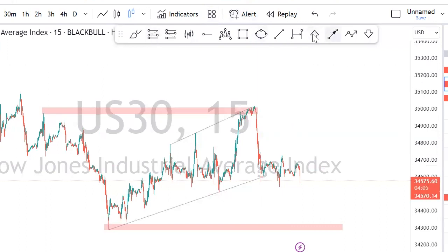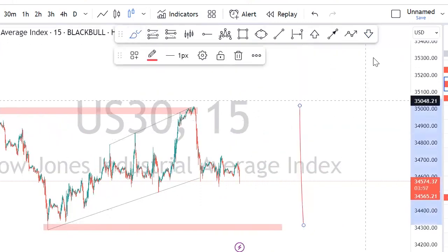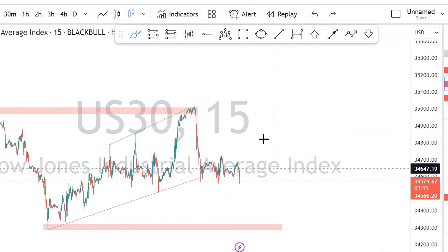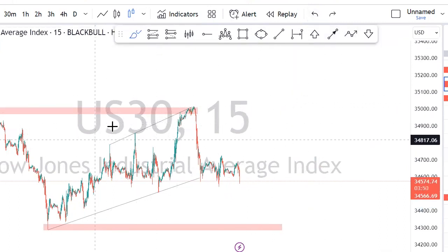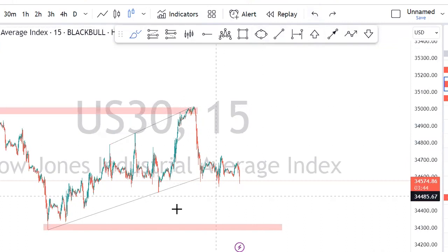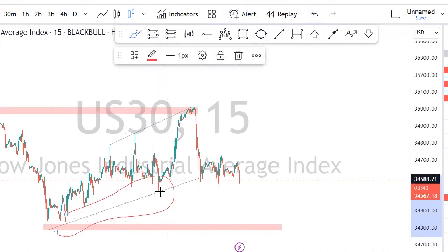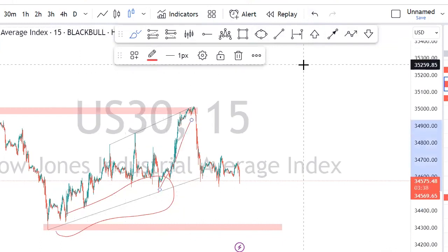And if I can just point out the number of touches that we have. Now, in terms of a sell, say you're looking for a selling setup, right? You will only focus on the resistance of the structure since you want to catch the sell. And if it's a buy, you will focus on the support of the structure since you want to catch the buy, right?